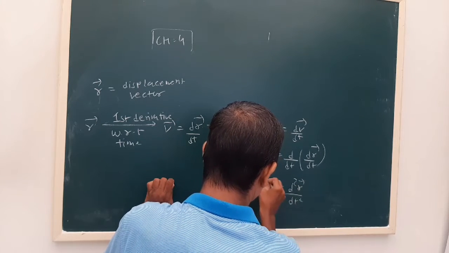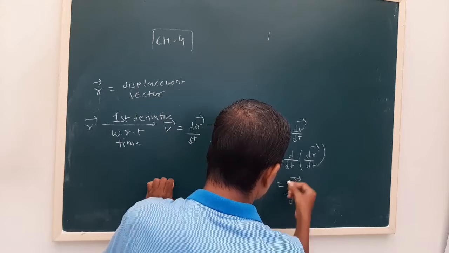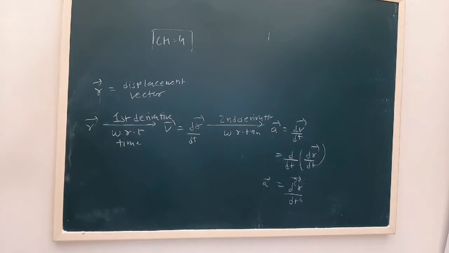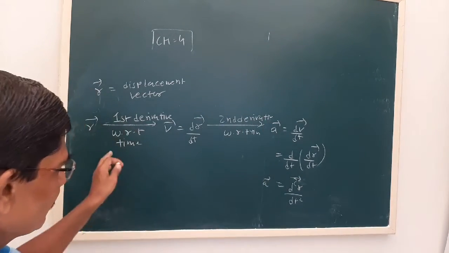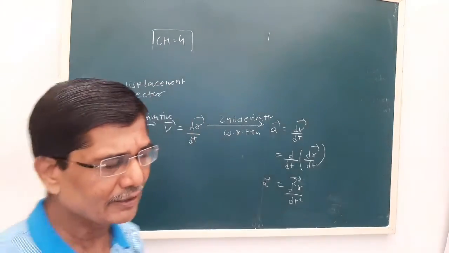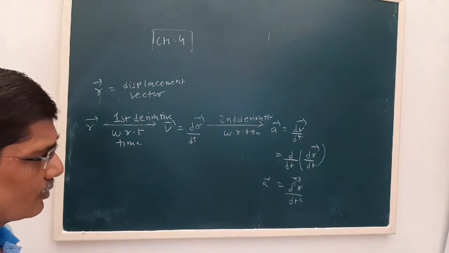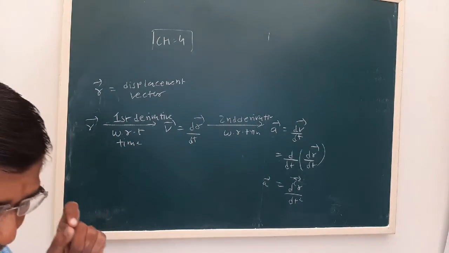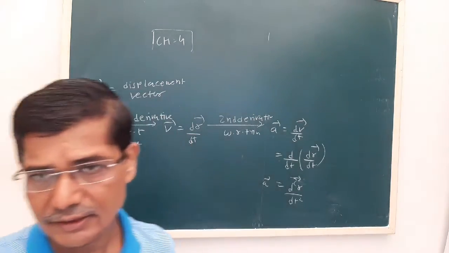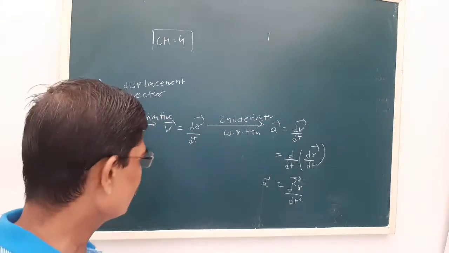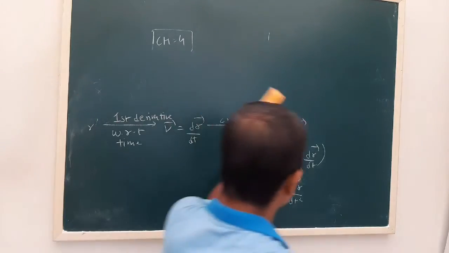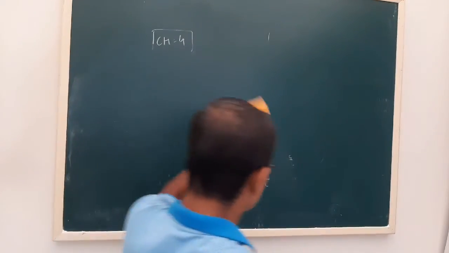Acceleration is the second derivative d square r upon dt square. Whatever method is convenient to us, we can write. So this is about the instantaneous velocity and instantaneous acceleration in 2 dimension or 3 dimension. Now we take an example of this.